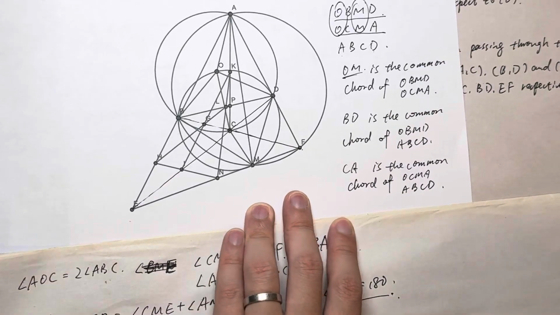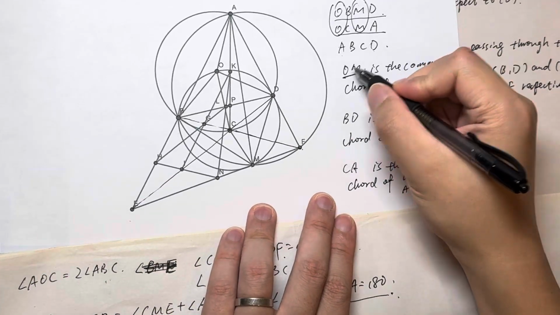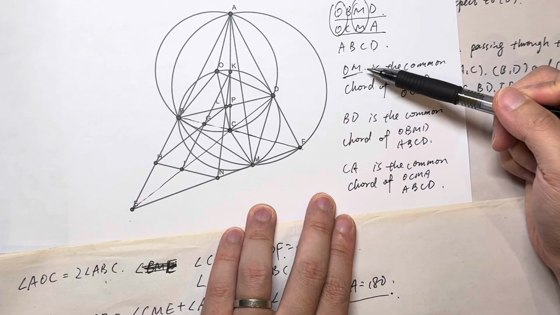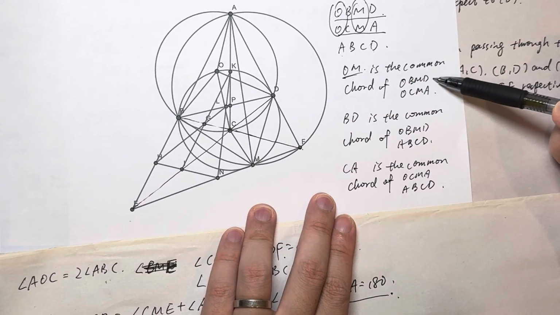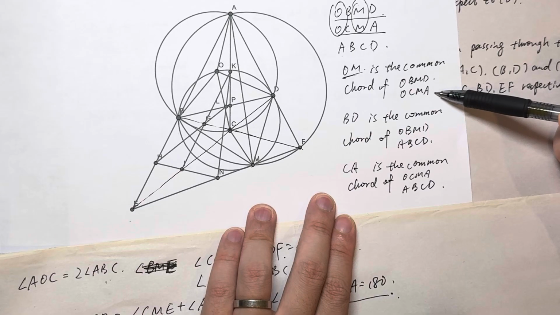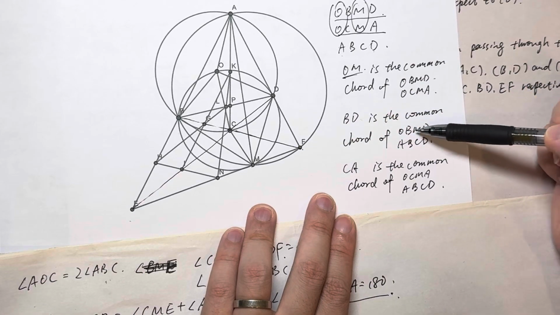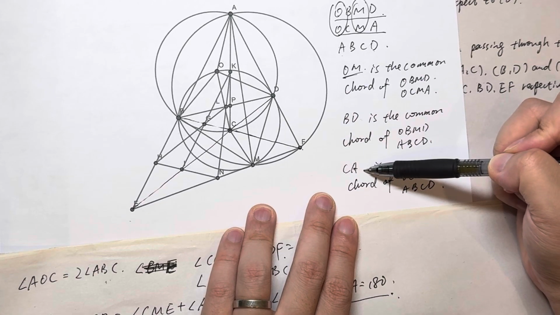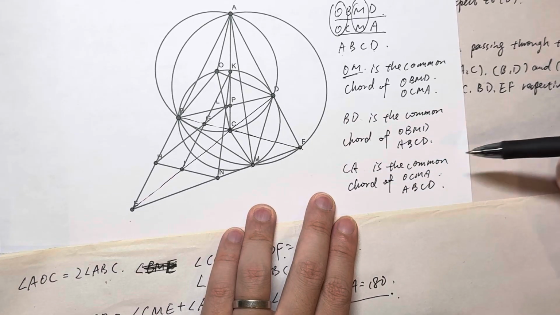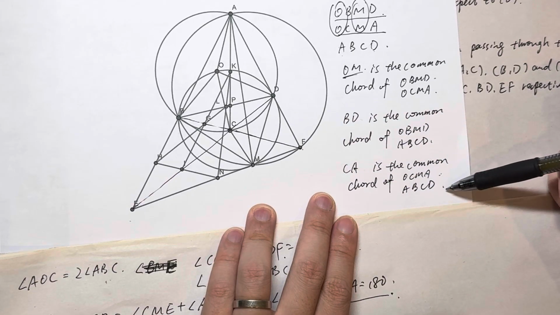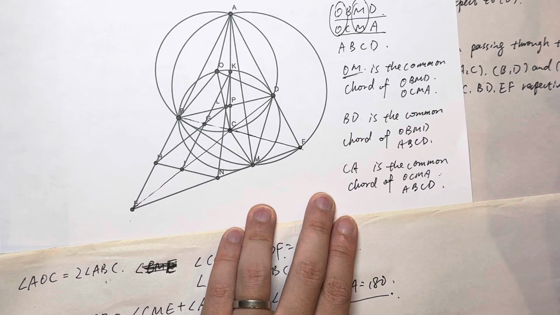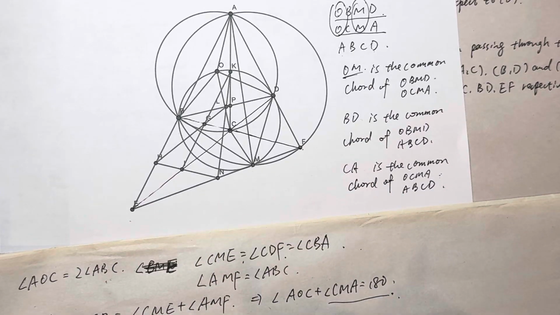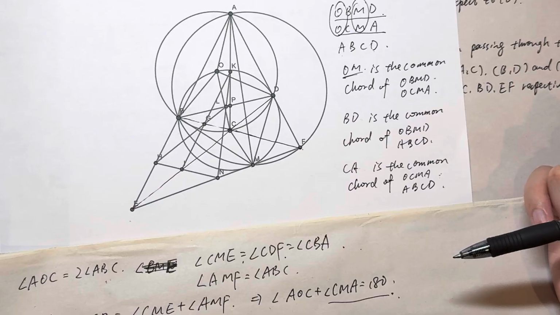Right. What does that mean? OM is a radical axis of the circle OBMD and circle OCMA. And BD is a radical axis of circle OBMD and circle ABCD. CA is a radical axis of the circle OCMA and circle ABCD. And basically, we are talking about three circles intersecting each other, and we find the common chord or radical axis of each two, right?